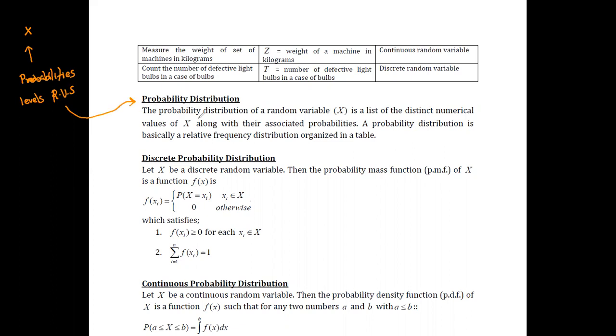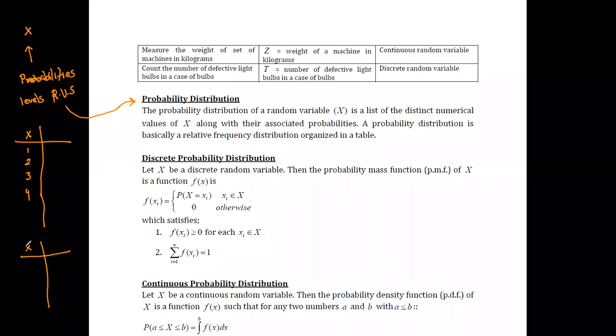Therefore, we can say the probability distribution of a random variable X is a list of distinct numerical values of X. It means simply the values of X we have, like 1, 2, 3, 4, or any other values, or if it is temperature, it is 20 to 25, then 25 to 30, 30 to 35.